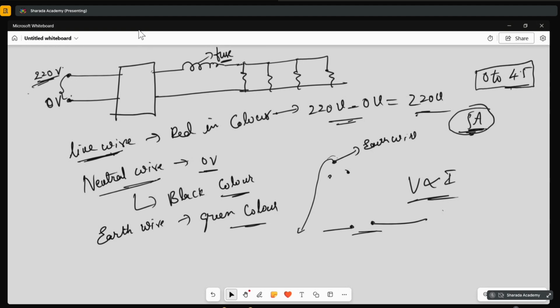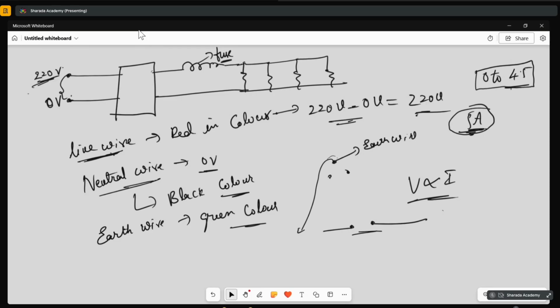So many reasons. If there is a short circuit in a certain place, it catches fire. Resistance becomes very less, so current increases suddenly. Because of that, heat is produced and it will catch fire. Short circuit means the live wire and the neutral wire come in contact with each other.